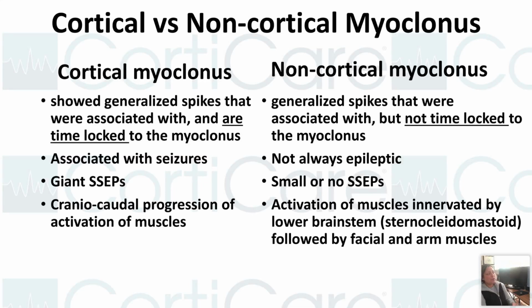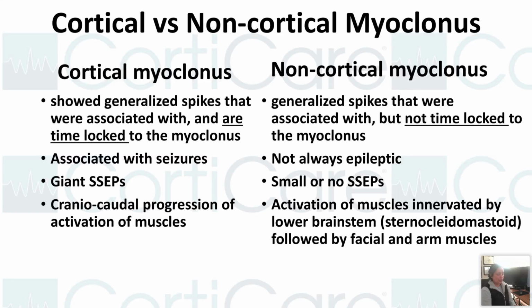So let's compare cortical and non-cortical myoclonus. With cortical myoclonus, we have generalized spikes that are associated with and time-locked to the myoclonus. These discharges are associated with seizures. We saw different kinds of EEG patterns with highly epileptiform bursts.